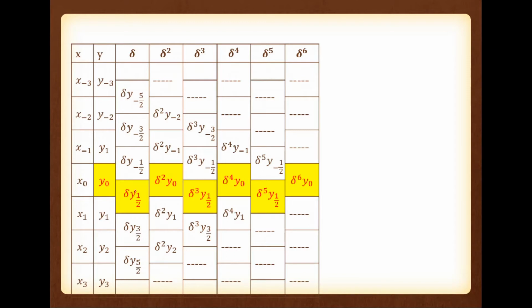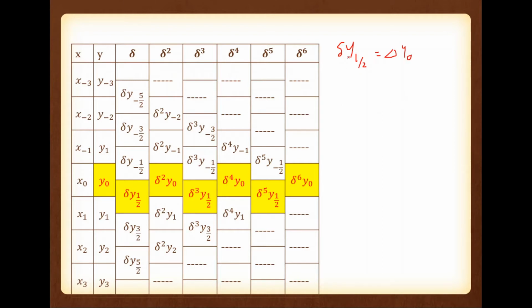So please note, if you are replacing this theta y1/2 with a delta term, what is the corresponding delta term? Theta y1/2, that is y1 minus y0, right, equal to what? Equal to delta y0. Am I correct?